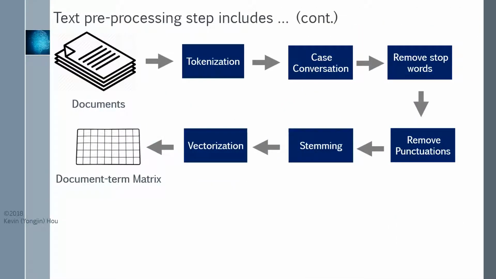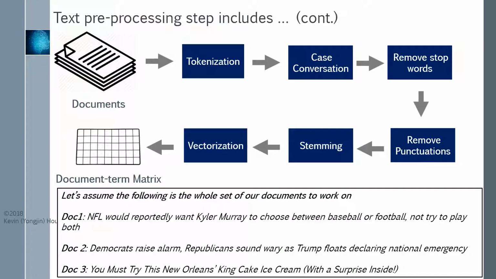Typically the text pre-processing includes the following steps, and we'll go over them one by one quickly. In this process, we're going to use the following three sentences, which are the news headlines we discussed in our last session, as examples. Basically three documents and three news headlines.